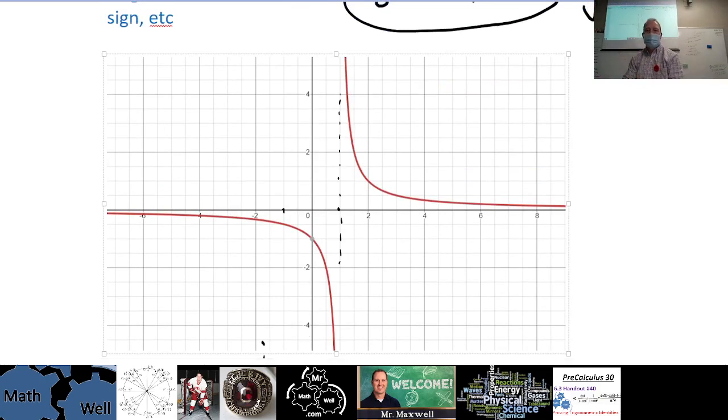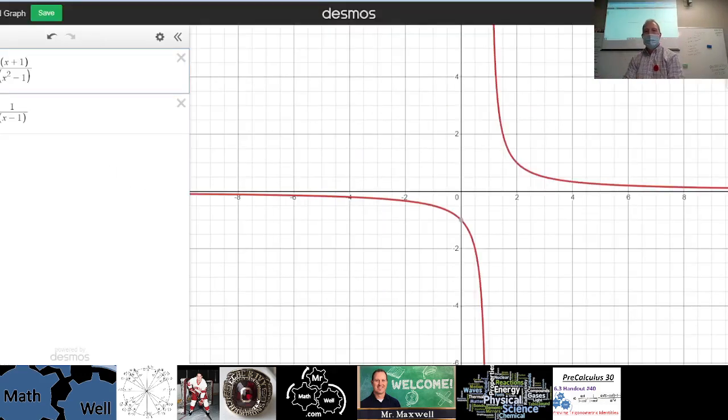Okay, so good question. Let's go back to Desmos. If you look over here, the simplified version, this blue one, is just a function all on its own. It doesn't know about any other restricted value. So this is just 1 over x minus 1. And yes, it's continuous here. But when we have this original one where we do have another factor involved, we have minus 1 that now has a restriction.